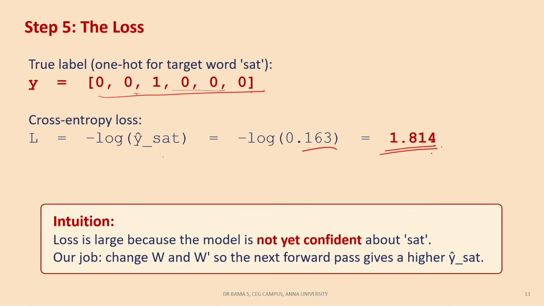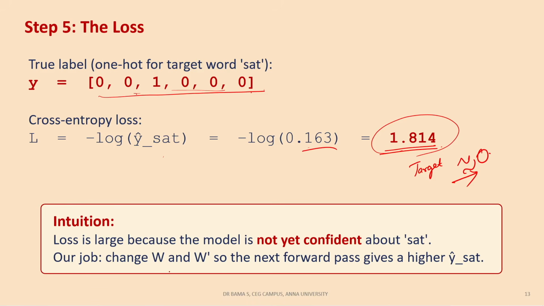This loss is actually large. The ideal target should be very close to 0. It should not be exactly 0, but at least be moving towards 0. So here this loss is large and the model is not confident about SAT, so we want it to move towards 0.